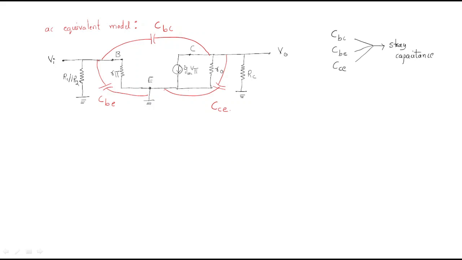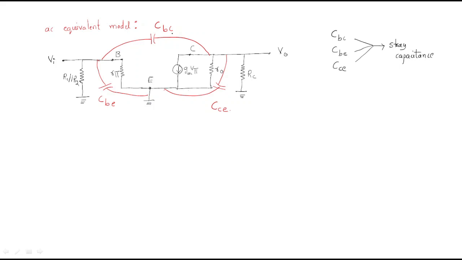Okay. So if you observe here, this is the input terminal and this is the output terminal, but CBC is connected between both input and output. While making a model, or while making input impedance and output impedance, CBC makes a complexity.